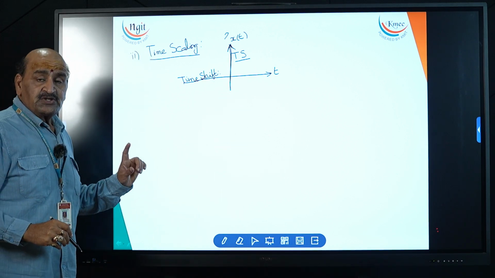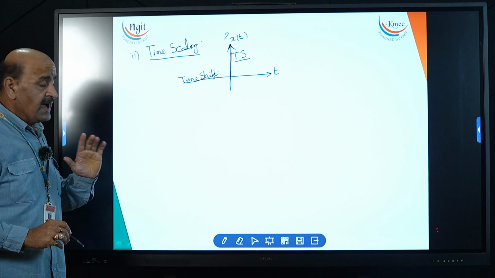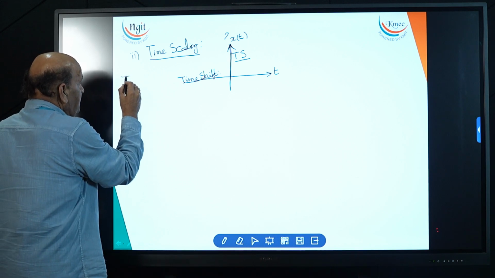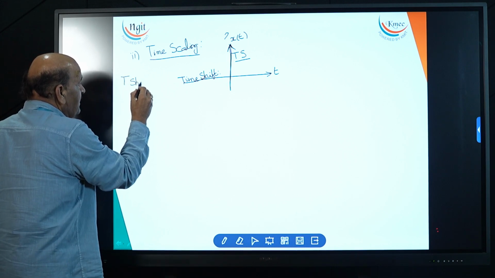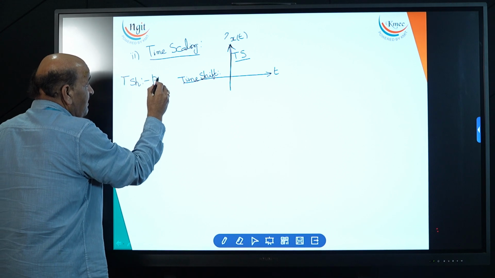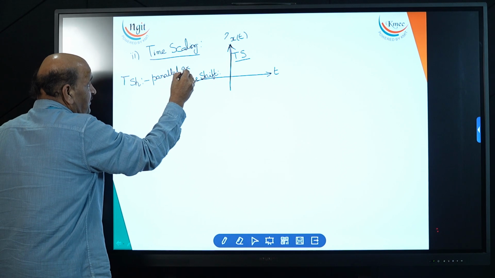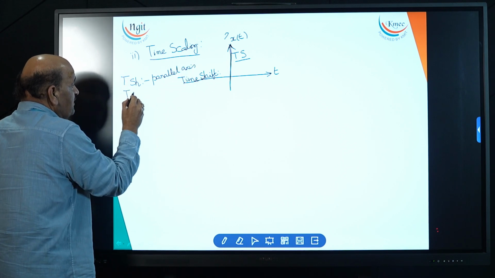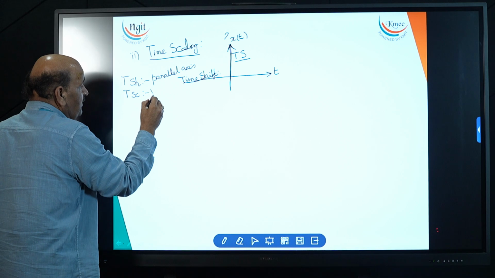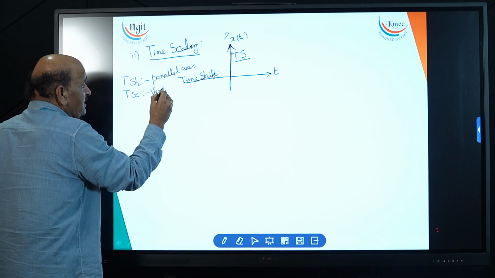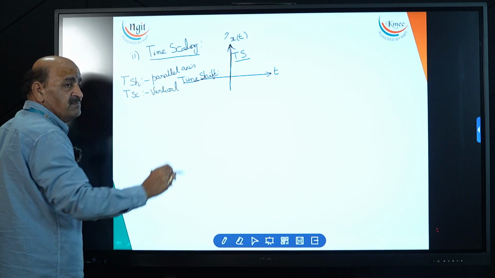These two things students should remember. Again, I am repeating: time shifting is always on the parallel axis, time scaling always on the vertical axis.